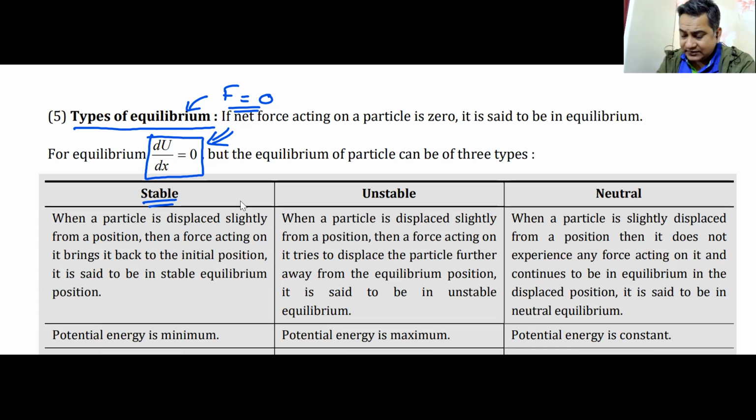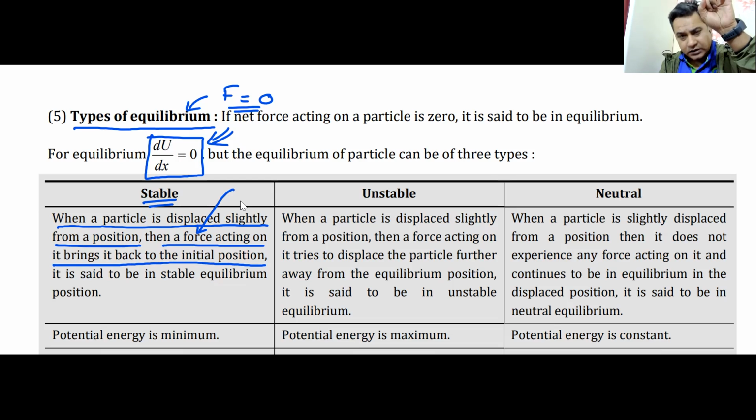When a particle is displaced slightly from this position, which is the position of stable equilibrium, then a force starts to act on it, and this force tries to bring it back to the initial position. So as soon as I displace this ball from the bottom of the hill, it goes up the hill, a force will start to act on it, and that force brings it back to its initial position.